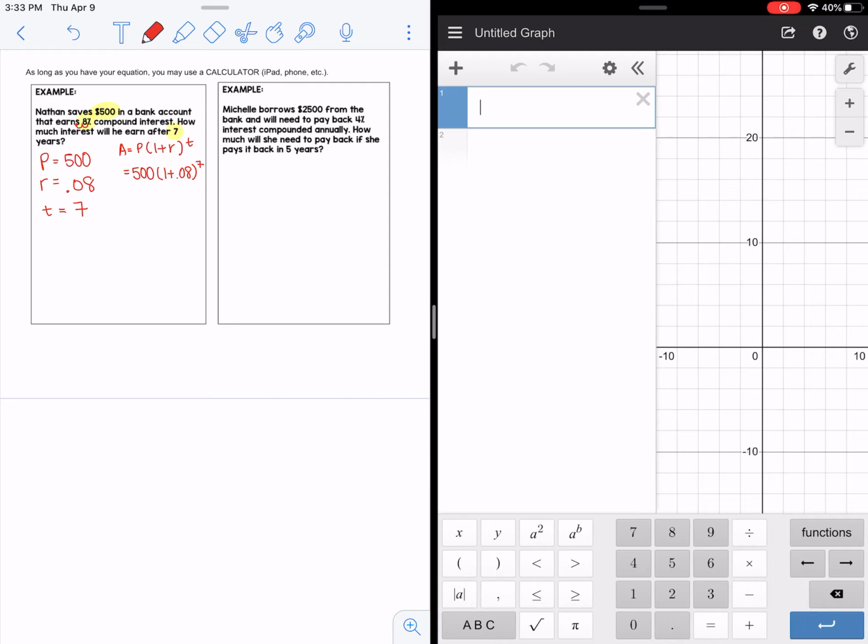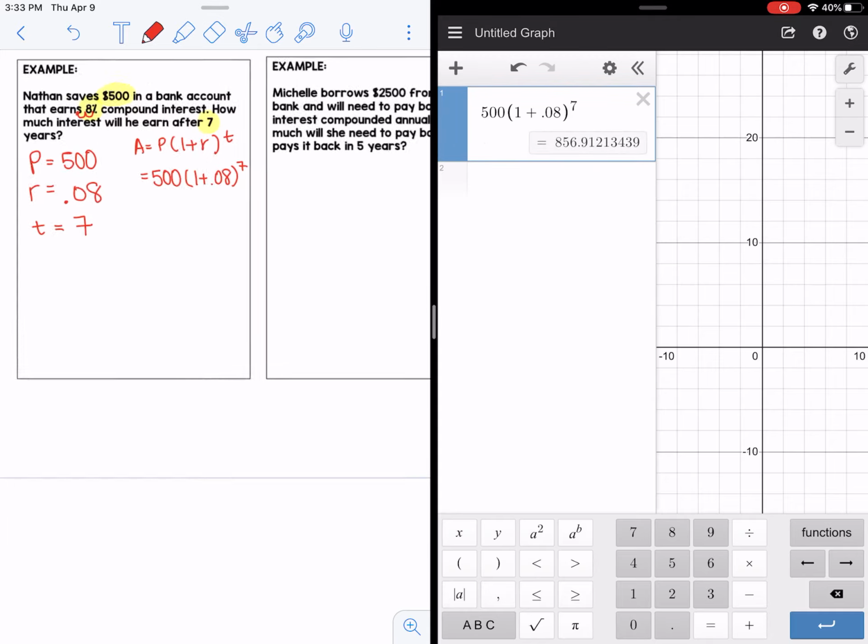And then I'm going to plug in our numbers that we have, parentheses 1 plus 0.08 closed parentheses, and then this A to the B button right here next to the 7 is going to be our exponential, and then I'm going to put it to the 7th power, and we have our answer very clearly right there.